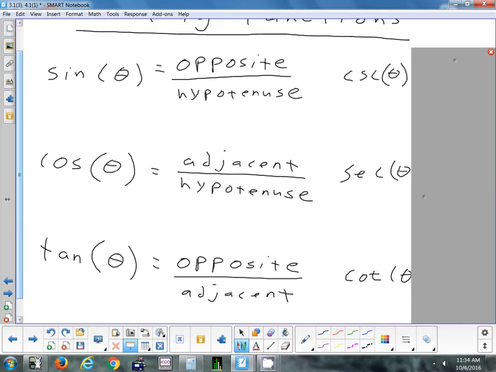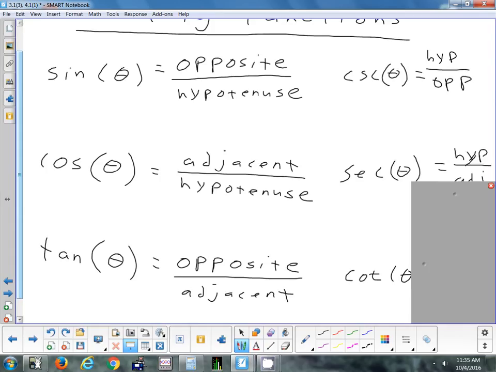Shakira? We flip them. So what do you think the cosecant would be? Hypotenuse over opposite. Yeah, hypotenuse over opposite. All right, Kate, how about secant? Hypotenuse over adjacent. Yep, very good. Hypotenuse over adjacent, and cotangent is adjacent over opposite.